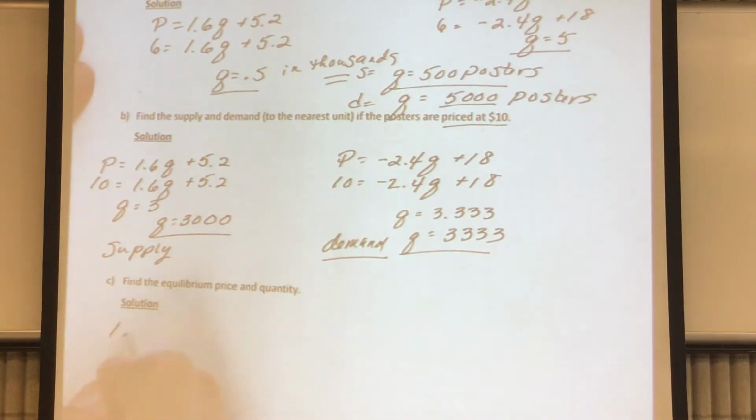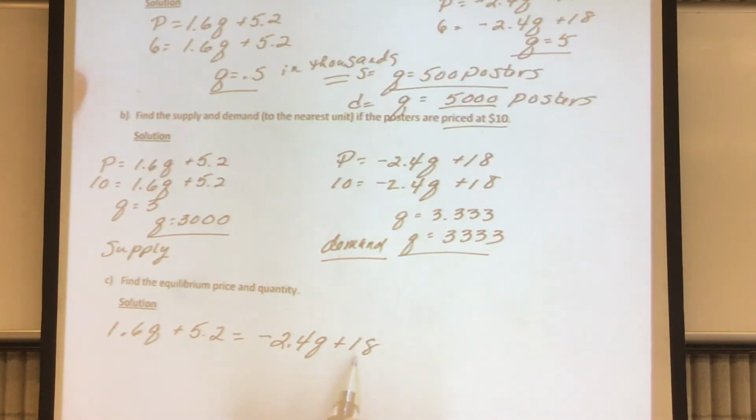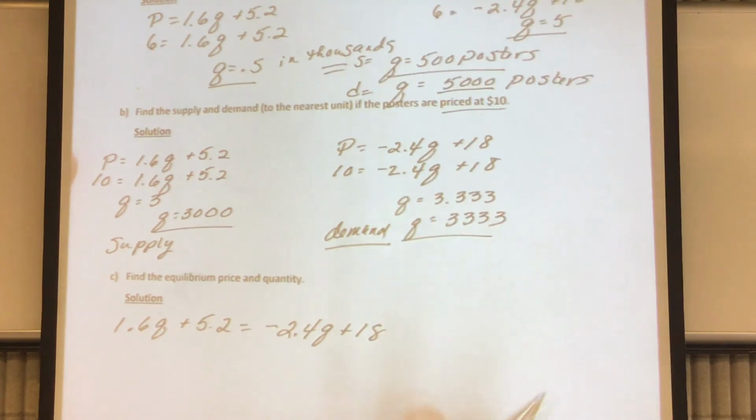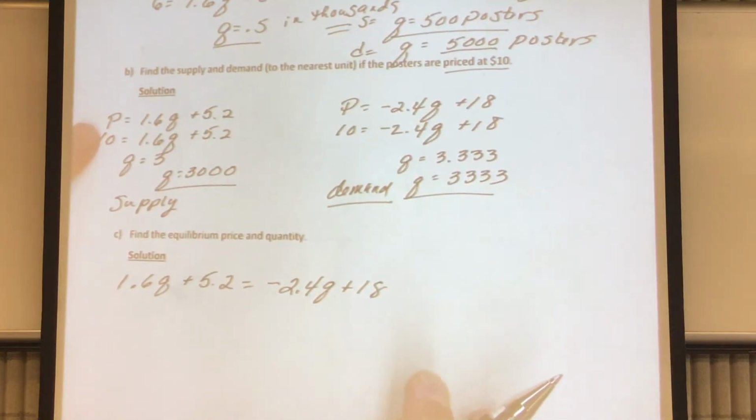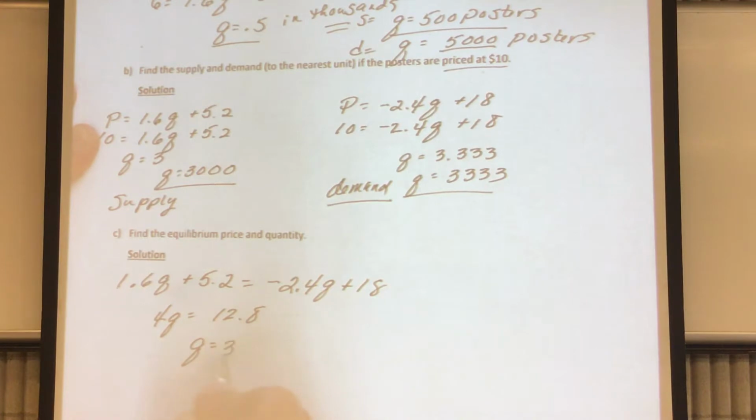Our supply, 1.6 Q plus 5.2, is equal to negative 2.4 Q plus 18. So here we have to combine like terms, combining the 5.2 and the 18 and the Q's. And we calculated 4Q is equal to 12.8. Dividing by 4, we got the quantity to be 3.2.